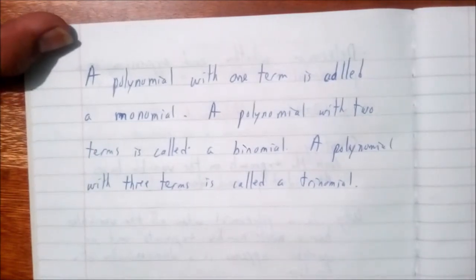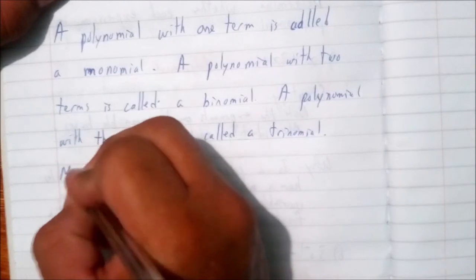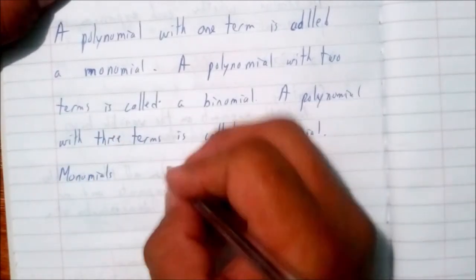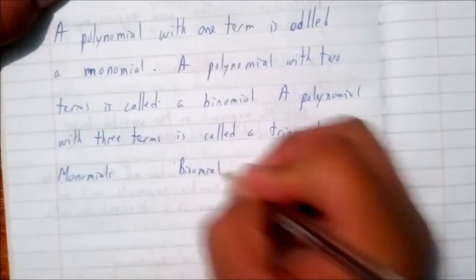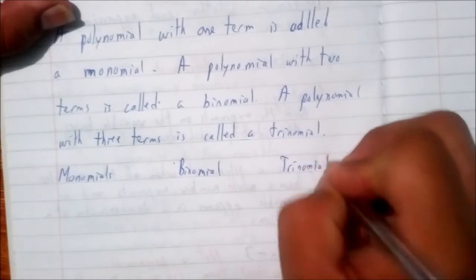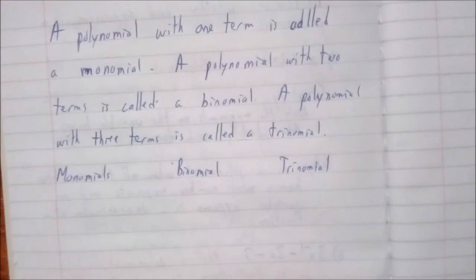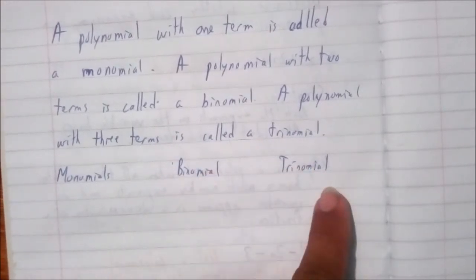All right, so from examples, let me put a little table here. We're gonna have monomials, binomials, and trinomials. Down below I'm going to list some examples of monomials, binomials, and trinomials.